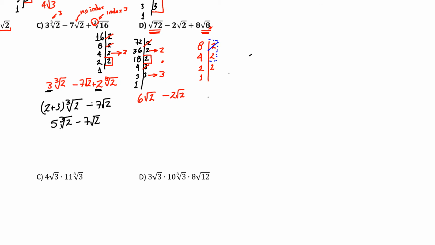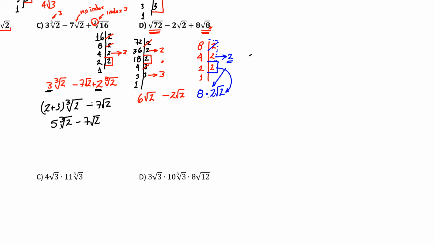So this one's gone, the second one gets to go out, and this one doesn't have a little twin that it can use to go out, so it has to stay inside the radical. So 8 becomes 2 square root of 2.